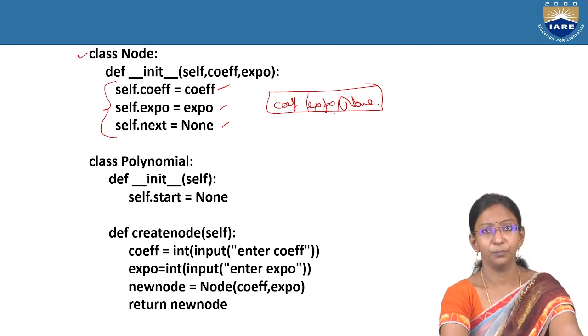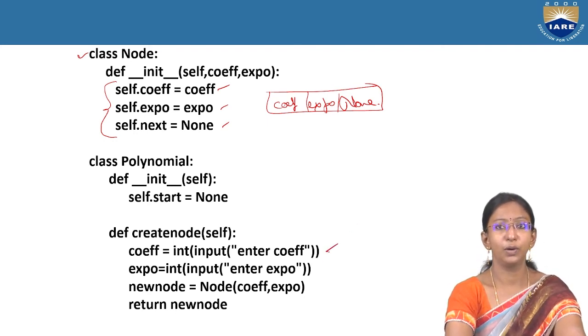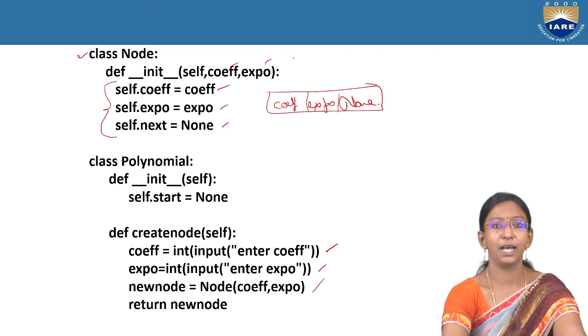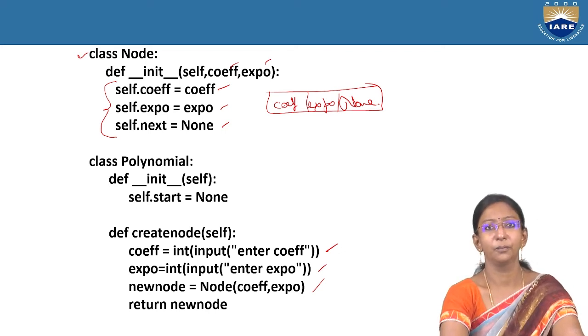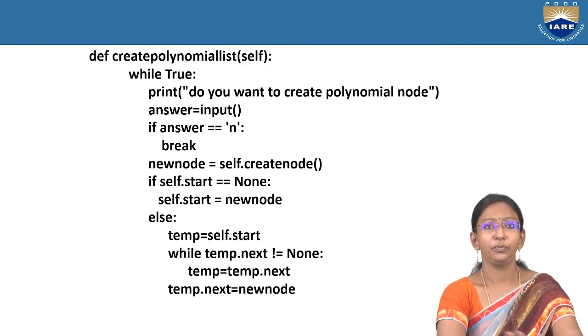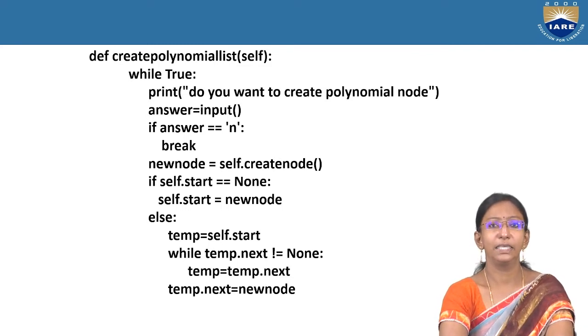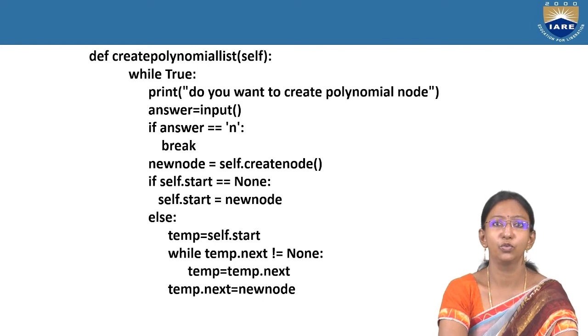Then to create, I have to read two values, the coefficient and exponent. I'll create a node, pass coefficient and exponent as its parameters, and return it. Okay, this is how I'm going to create it, right? And for the total creation of the polynomial, have a look at this one.